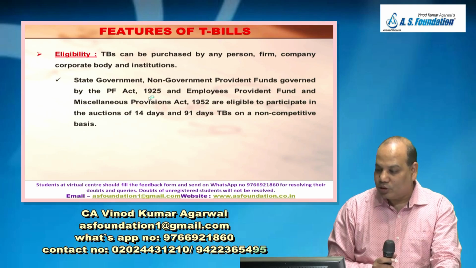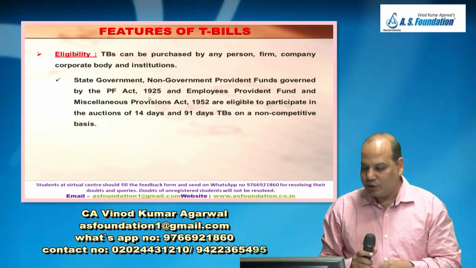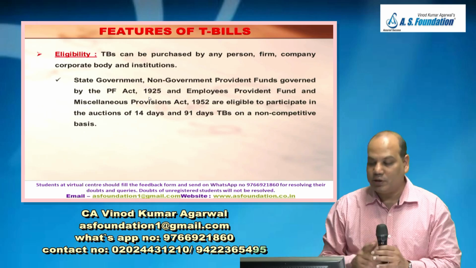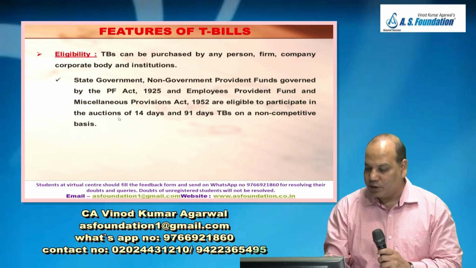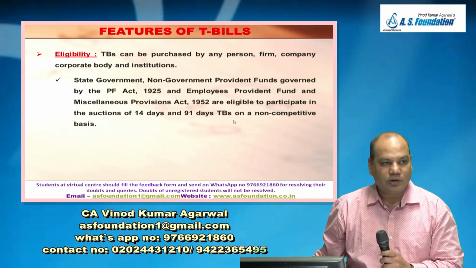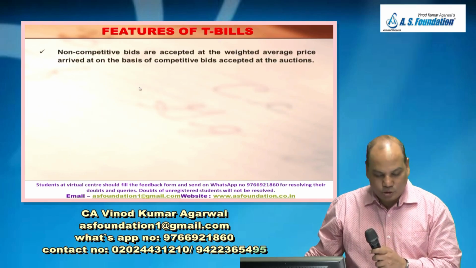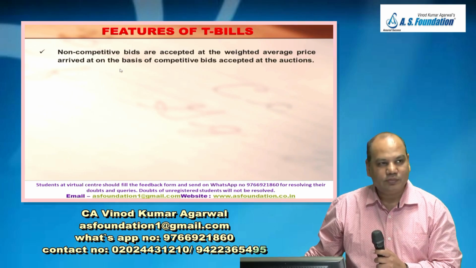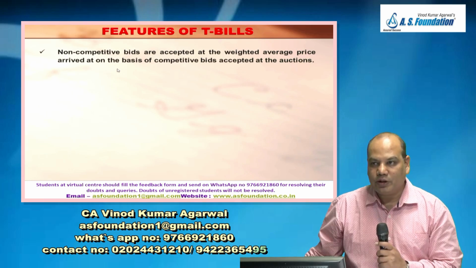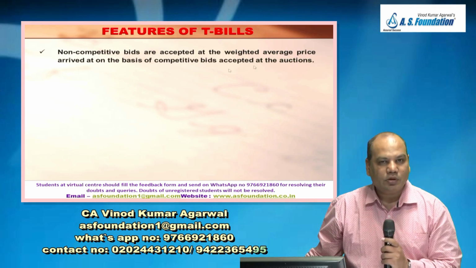State government, non-government provident funds governed by PF Act 1925 and Employees Provident Fund and Miscellaneous Provisions Act 1952 are eligible to participate in auction of 14 days and 91 days treasury bills only on a non-competitive basis. Non-competitive bids are accepted at the weighted average price arrived at on the basis of competitive bids accepted at the auction.